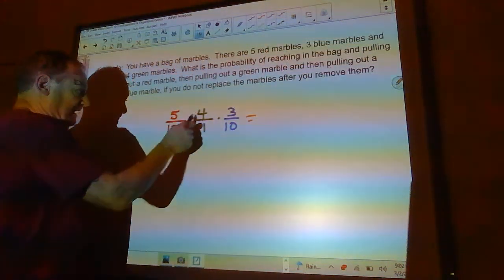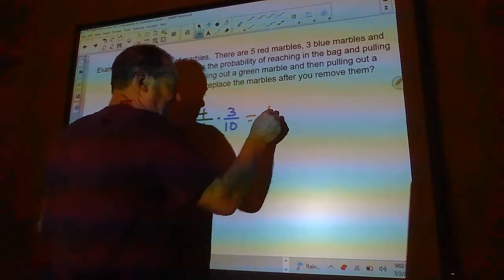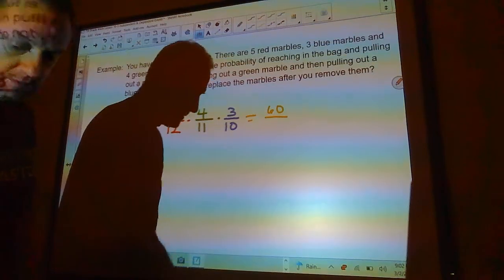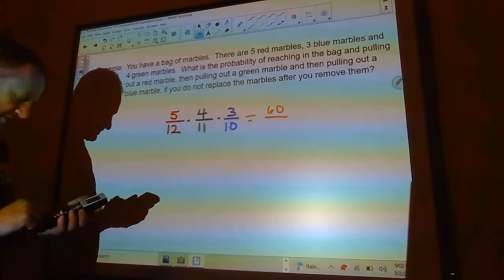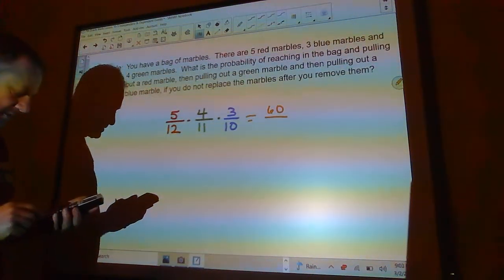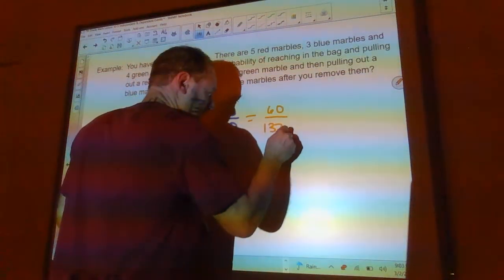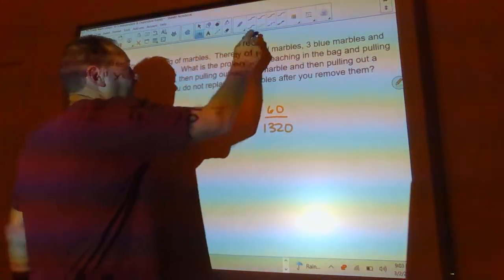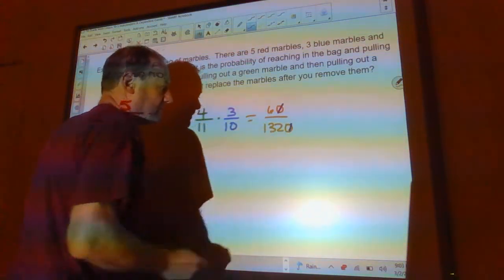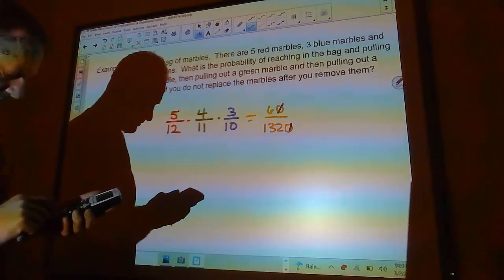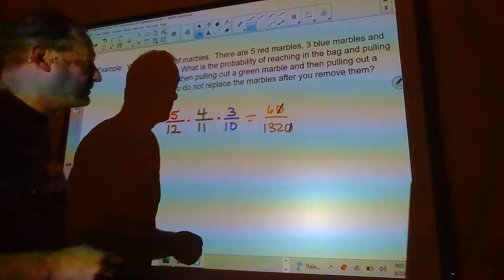So there's my probability. Let's calculate that. 5 times 4 is 20, times 3 is 60. And the bottom, 12 times 11 is 132, times 10 is 1,320. We can simplify that a little bit. Divide by 10. Will 6 go into 132? Yes, 22 times.